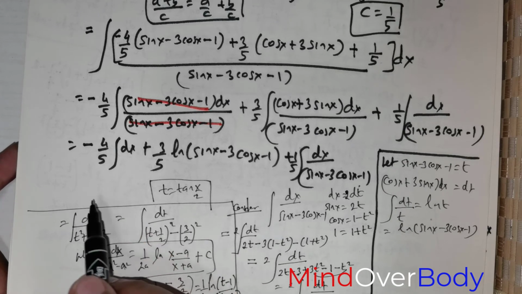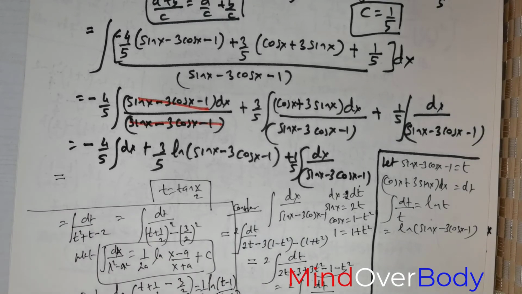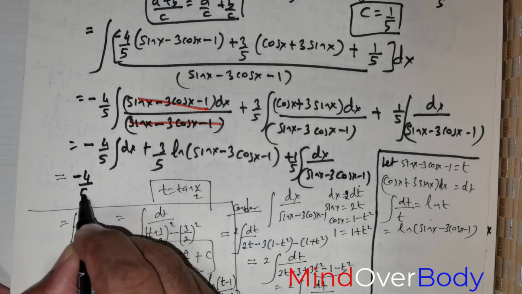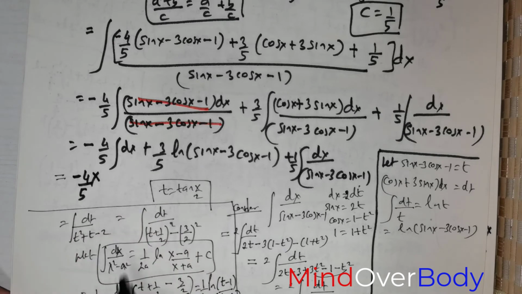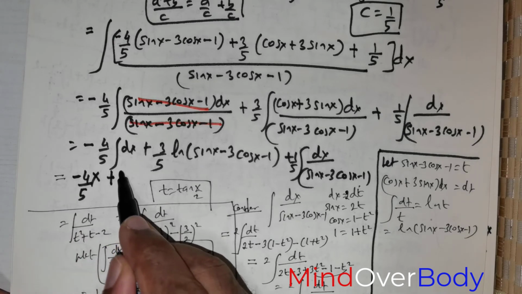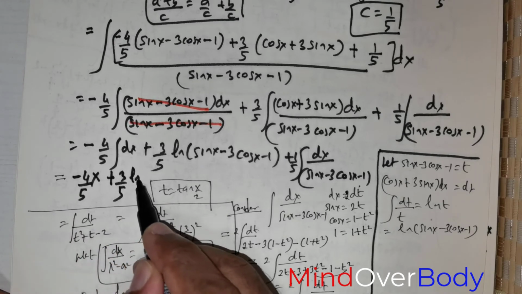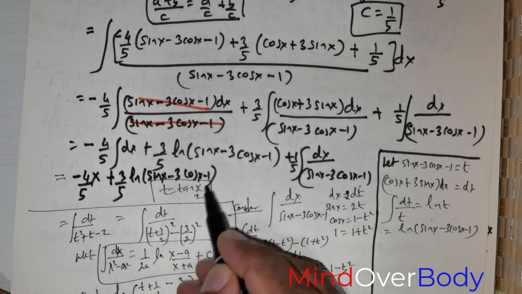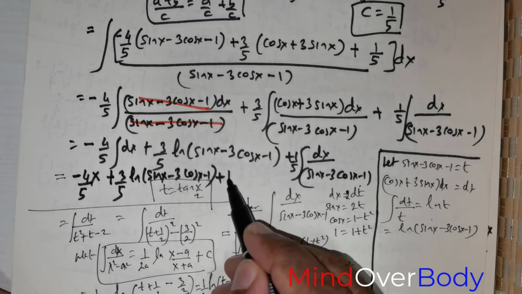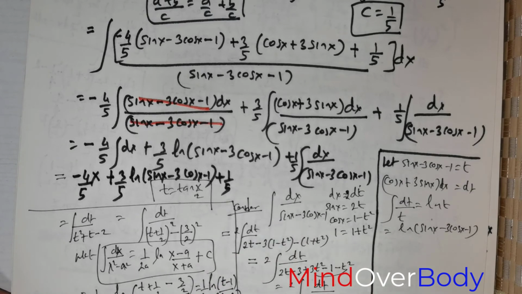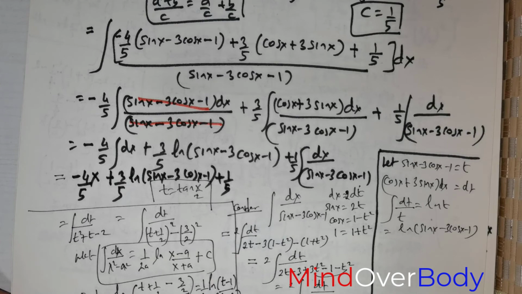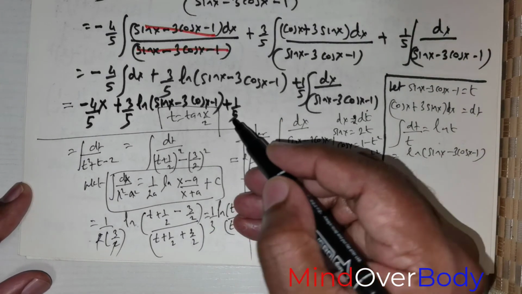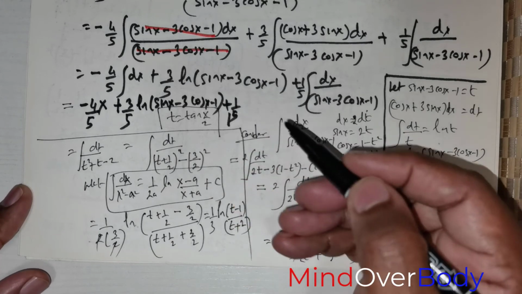Clearly we know that this is equal to negative 4 over 5 integral of dx is going to give me x. So it's going to be negative 4 over 5 times x positive 3 over 5 times ln of sin x negative 3 times cos x negative 1, that's fine, plus 1 over 5 times, of course there is a 1 over 3 here, so that multiplied with 1 over 5 would give you 1 over 15.